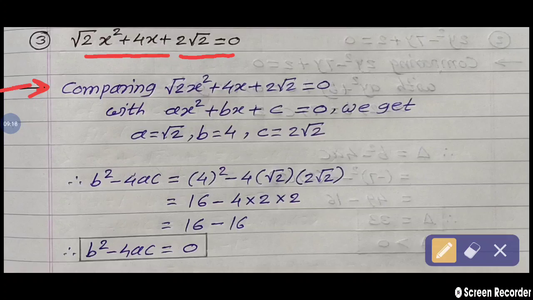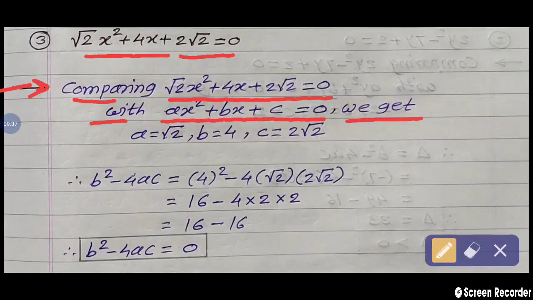Comparing the given quadratic equation, root 2x square plus 4x plus 2 root 2 equal to 0, with the standard form ax square plus bx plus c equal to 0, we get: what is the value of a? The coefficient of x square is the value of a.